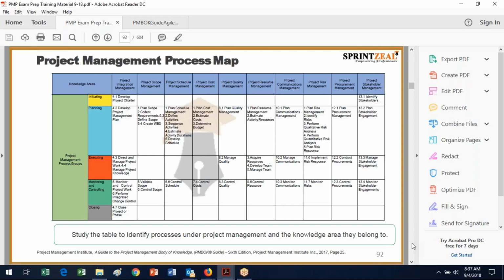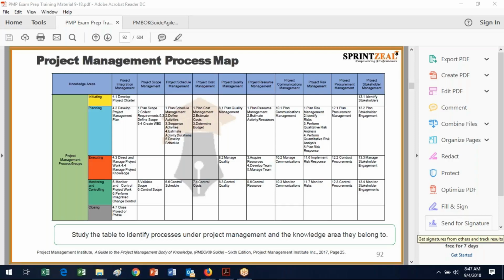So you can see that initiating only has the 2 processes, and closing is down to the 1 process. And predominantly, we see the processes in the planning realm, because basically every knowledge area develops a plan. At any rate, so here are the 5 project management process groups, the 10 knowledge areas, and then the 49 processes. And ideally, you want to learn and understand these, and it's kind of a daunting matrix to memorize.